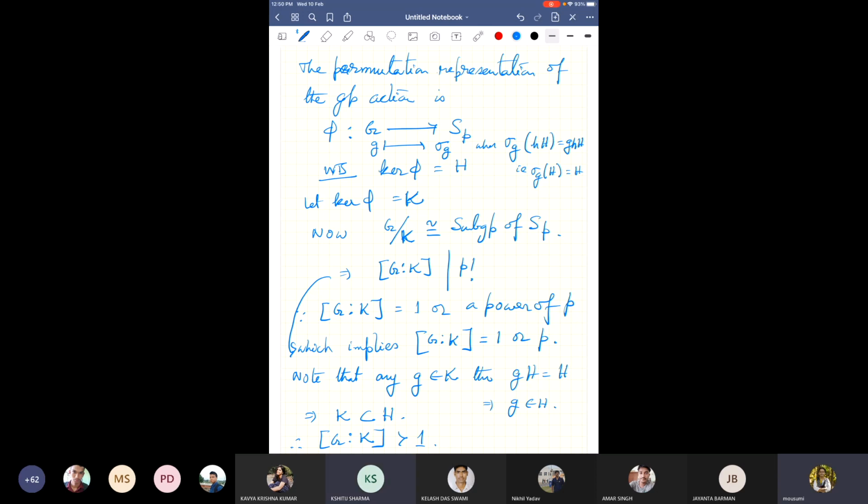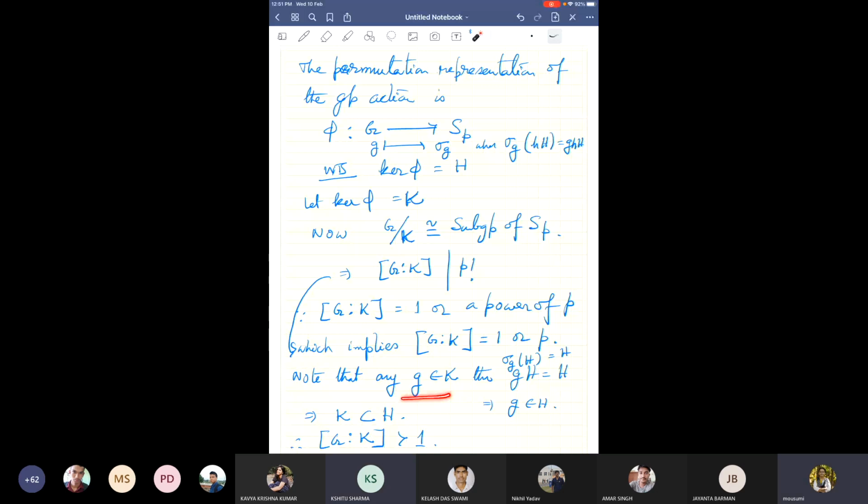If some element is in the kernel, that means it will fix all the left cosets, so it will fix the left coset H itself. If I take any element in the kernel, then sigma_g of H should be equal to H. Is this statement clear?